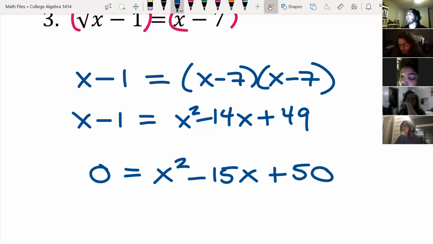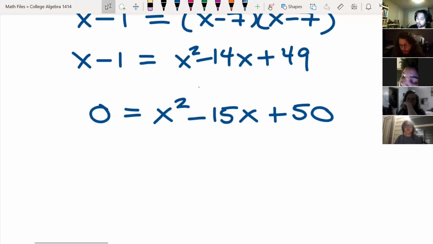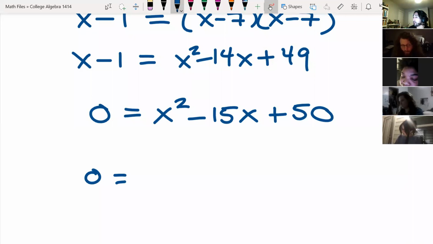And how can we solve for x on this quadratic equation? What method could we use? Well, what's the easiest way to solve a quadratic? Starts with an F. It's your favorite F word.